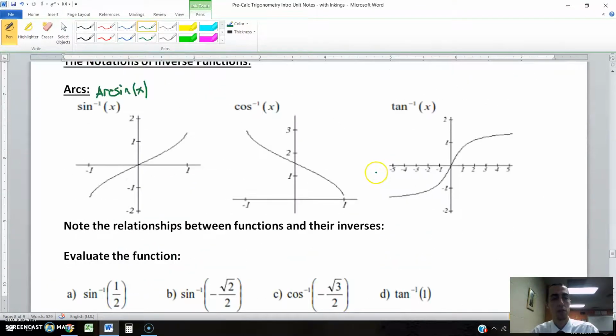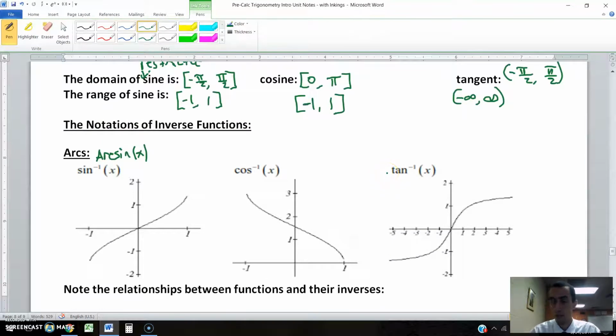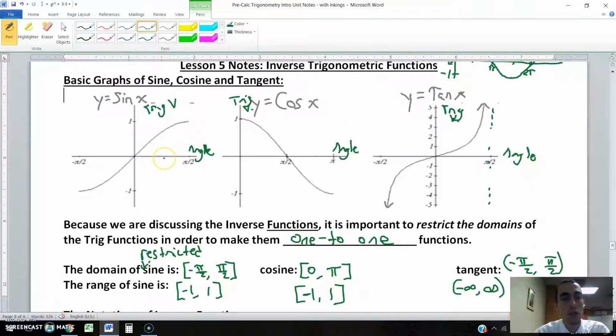Now for these graphs, these inverses undo what the original function does. When you put an angle into this trig function, it gives you a trig value going out.